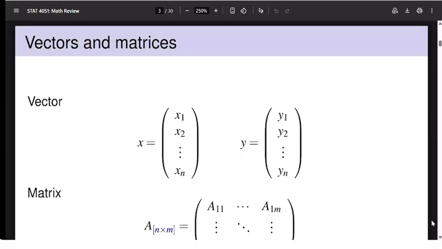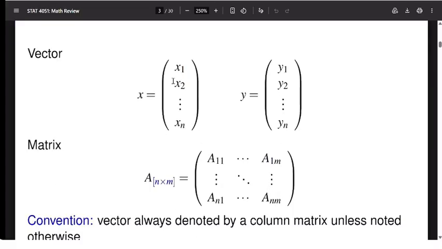So let's start with the vector. This is an example of a vector, as you can see here. It's a column vector. We can also have a row vector. And this is an example of a matrix, because we apply algorithms maybe on high dimensional data or on big data.